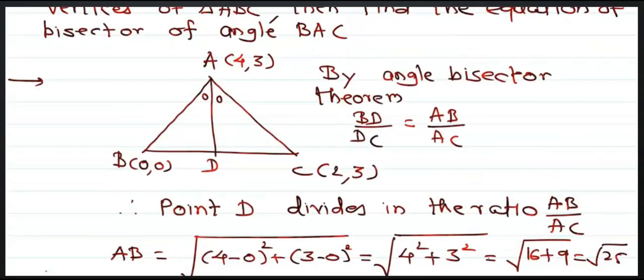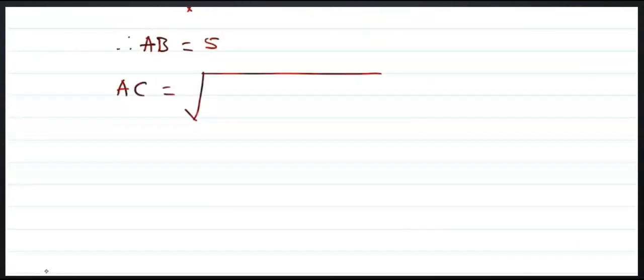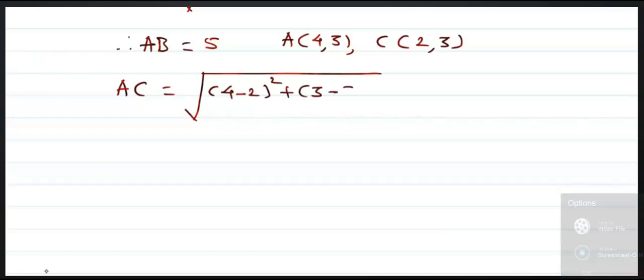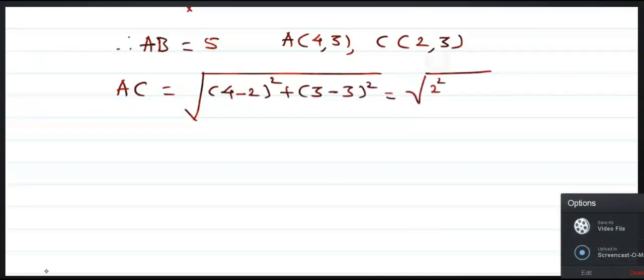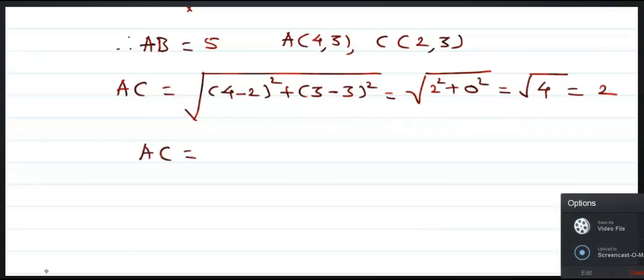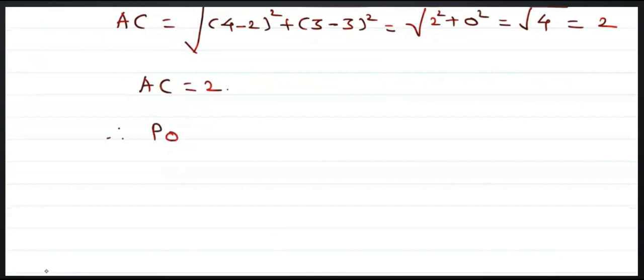AB is equal to 5. Therefore, AC is equal to the root of (4 minus 2) square plus (3 minus 3) square, is equal to the root of 2 square plus 0 square, that is 4, that is equal to 2. AC is equal to 2.